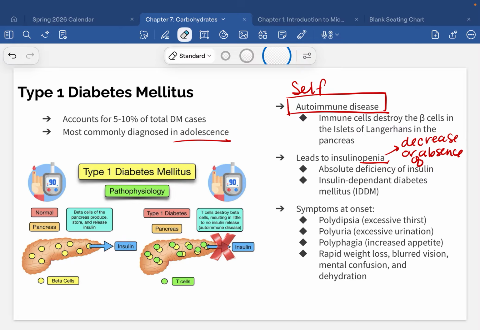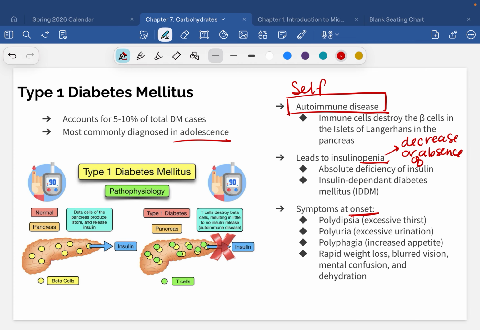And the most common symptoms at onset, so as this is developing, are the 3 Ps: polydipsia, polyuria, and polyphagia, where poly always means many or increased. Polydipsia, polyuria, polyphagia: excessive thirst, excessive urination, and increased appetite.